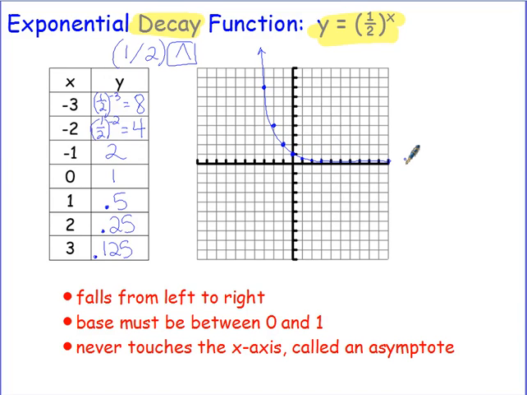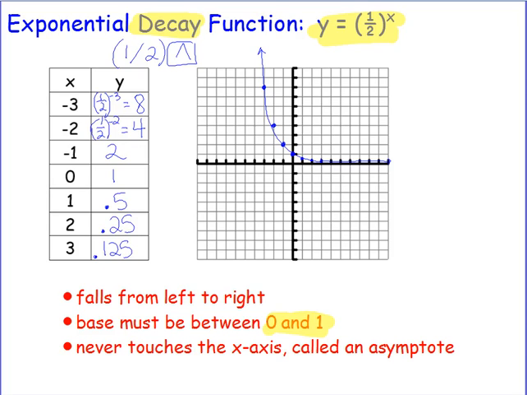The base, that's again this part right here, must be between 0 and 1. So if you think of numbers between 0 and 1, we're talking about fractions or decimals. And yes, some of them will be fractions, some of them will be decimals. These do the exact same thing the other ones did. It never ever touches the x-axis.